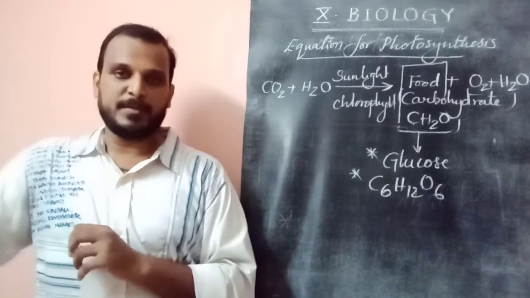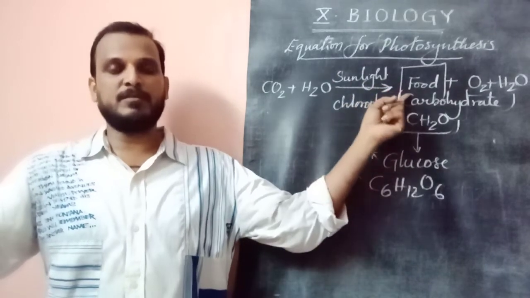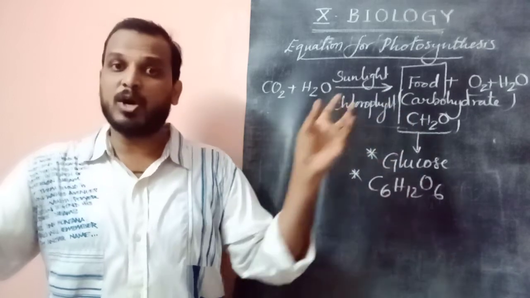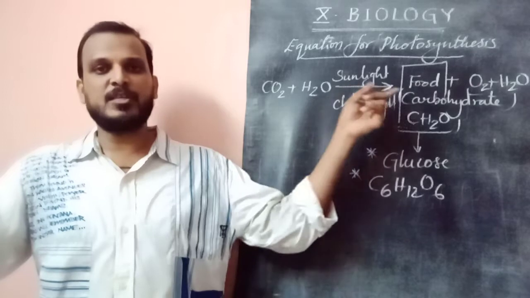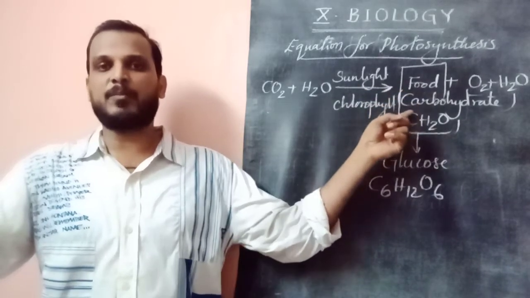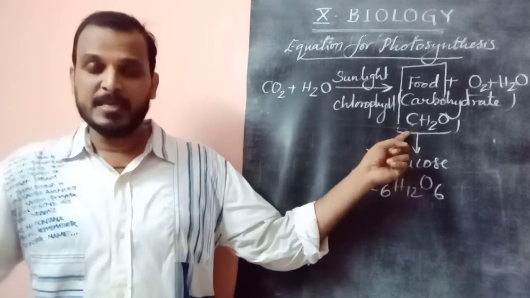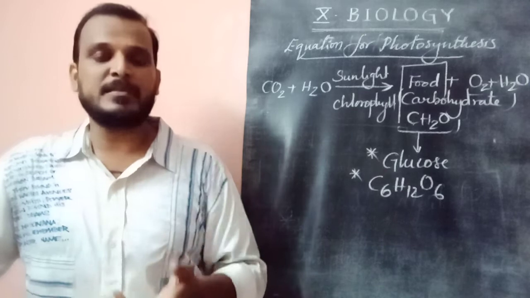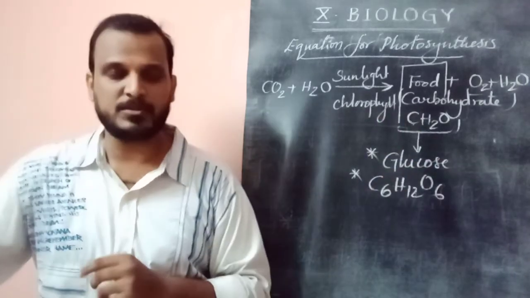Now this is prepared. So later the equation was changed once again. First we simply called it food. Later we changed it to which type of food? Carbohydrate. Foods are of different types: carbohydrates, proteins, fats. But which one is prepared first by photosynthesis? Carbohydrate. Carbohydrates are generally represented as CH2O, the carbon, hydrogen and oxygen containing forms.